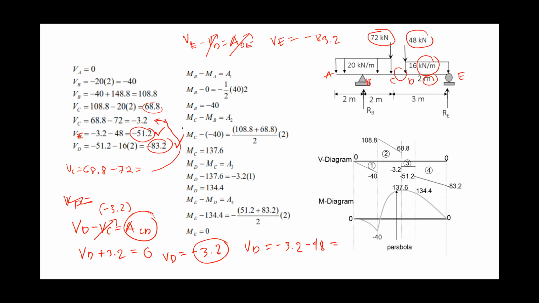So, mapapansin nyo, parang masyadong mahaba, no? But at the end of the solution, simple lang siya. Ang ginagawa lang natin is susundan lang natin yung V2 minus V1 is equal to area ng 1 to 2. Tapos similarly, yung sa moment, ganun din. Tingnan nyo, MB minus MA is equal to area 1.